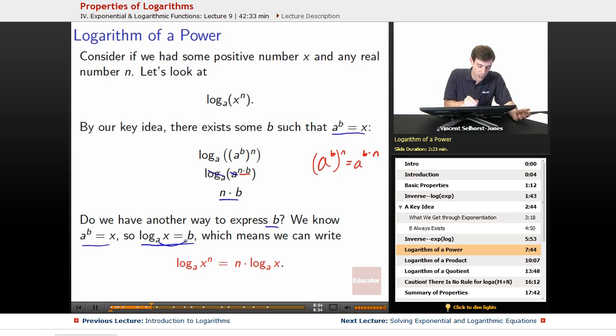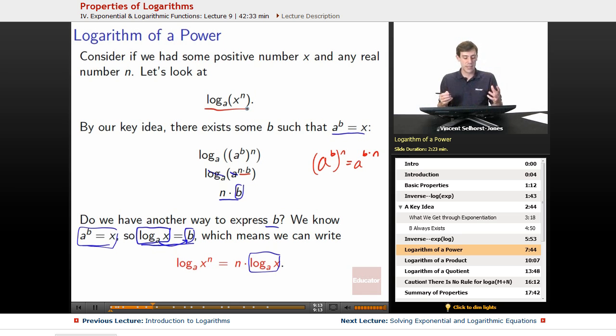Which means that we can swap out the b for the log a of x. So we started with log a of x to the n, and now we see that we can take this n and move it out front, and we've got n times log a of x. So if we've got an exponent, we can move it out front.